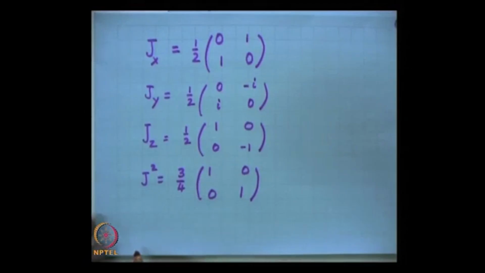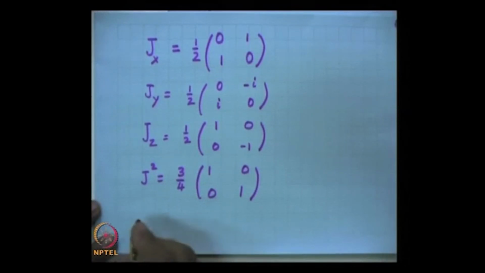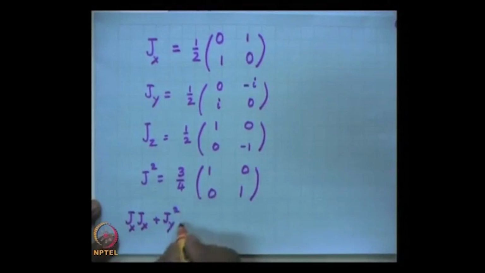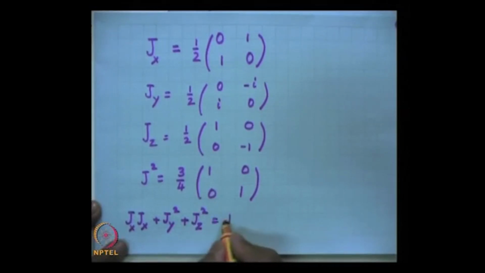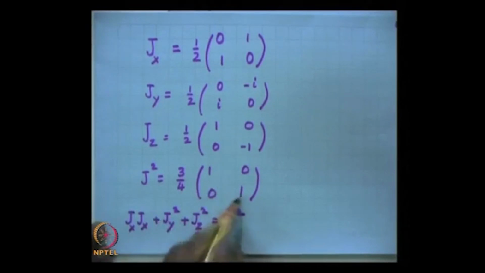Having obtained this, I leave it as an exercise for you to show that if you add J_x squared, that is J_x times J_x, plus J_y times J_y plus J_z times J_z, and add these 2 by 2 matrices, you will find that this will be J squared. J squared is proportional to the unit matrix.